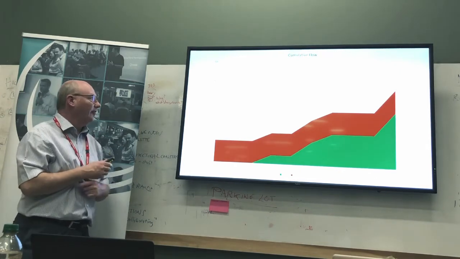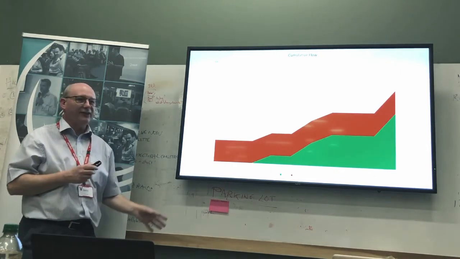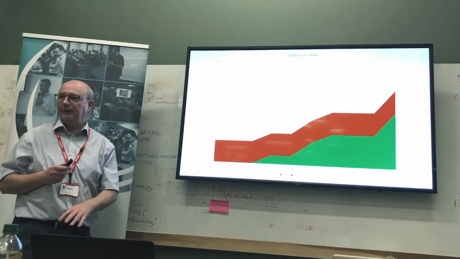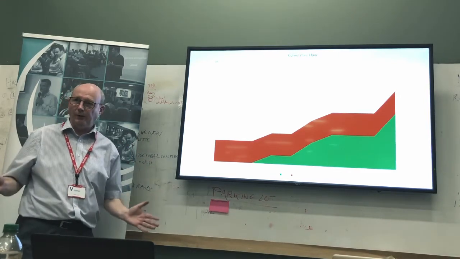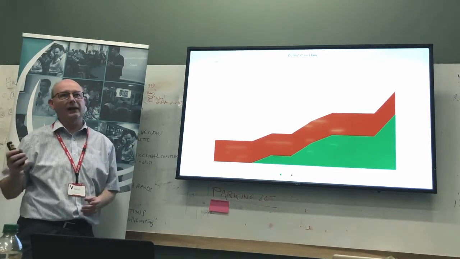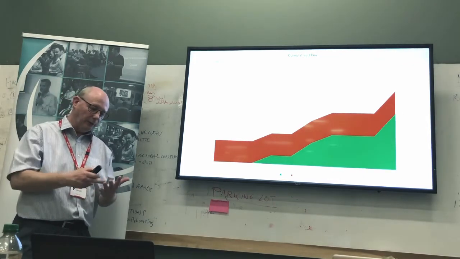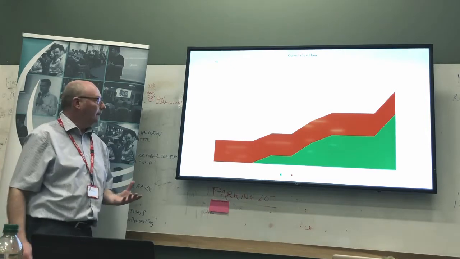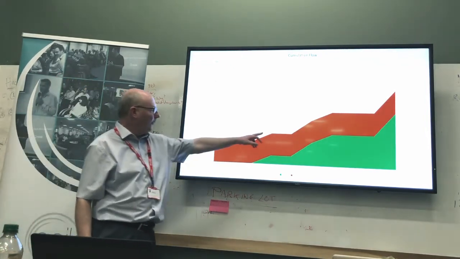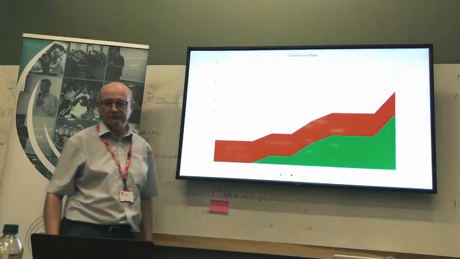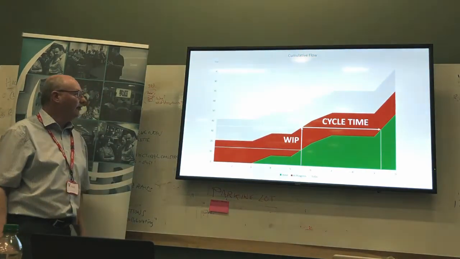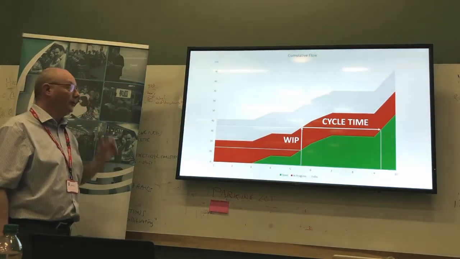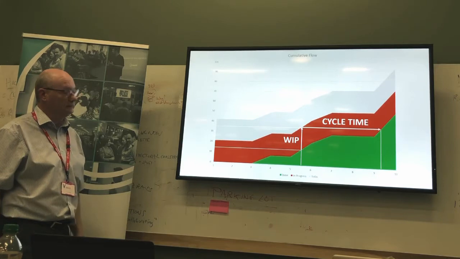So what we're looking at is the effect of big stories. So instead of breaking down our work, we've just said, oh yeah, we've got to deliver all these things together, we'll just call it the one story. And then when we start it, we get this big bump. And you can see that with big stories, the cycle time is still fairly long.